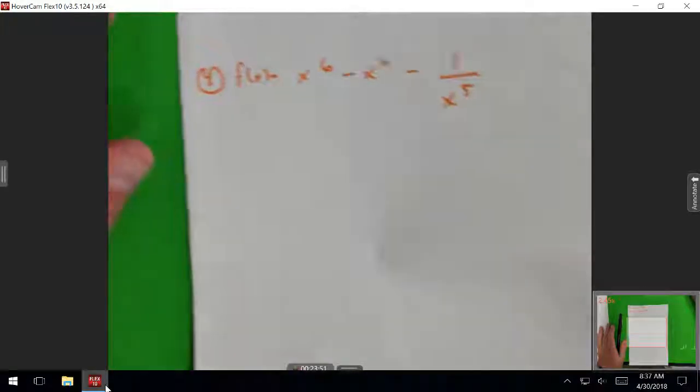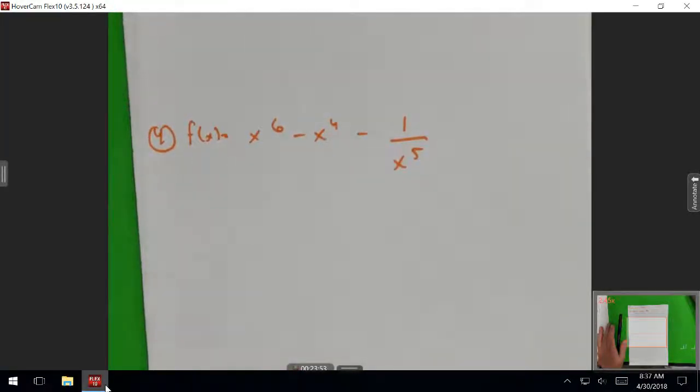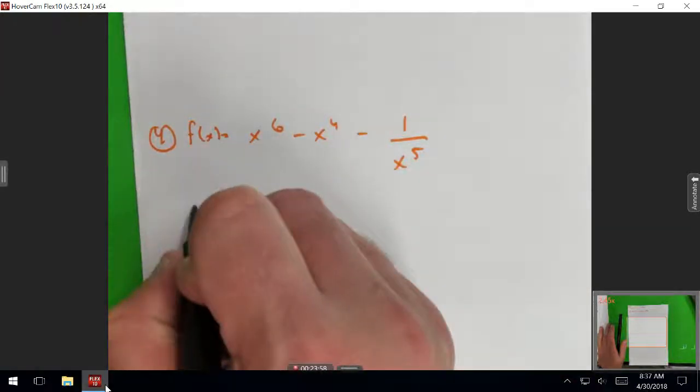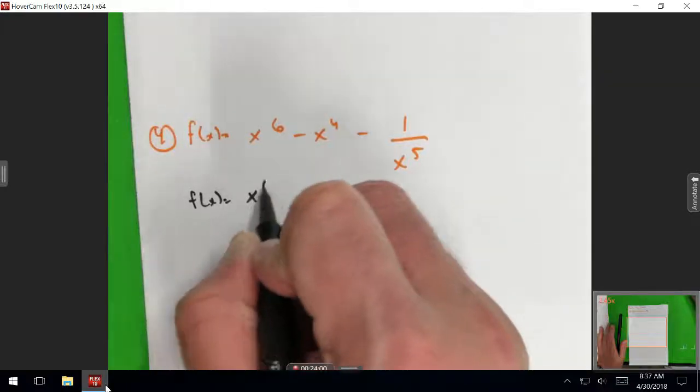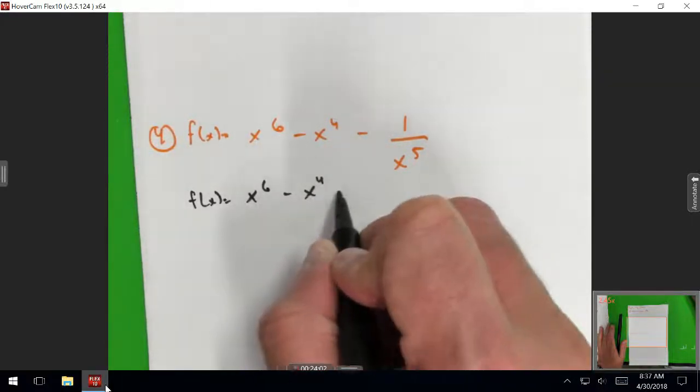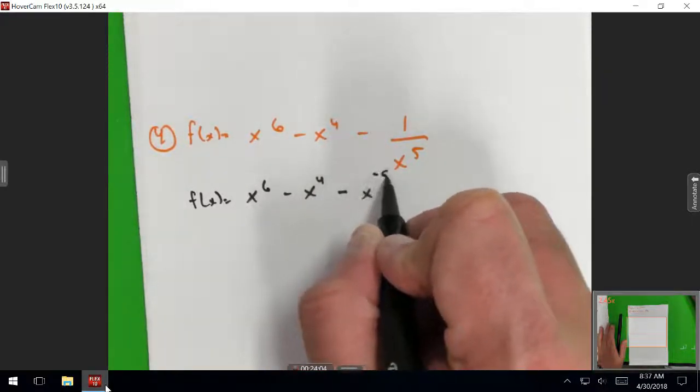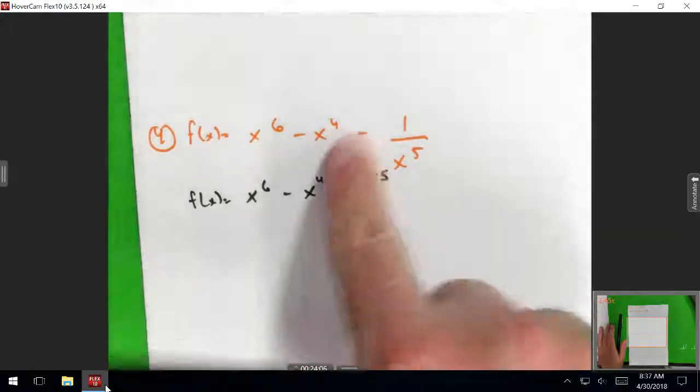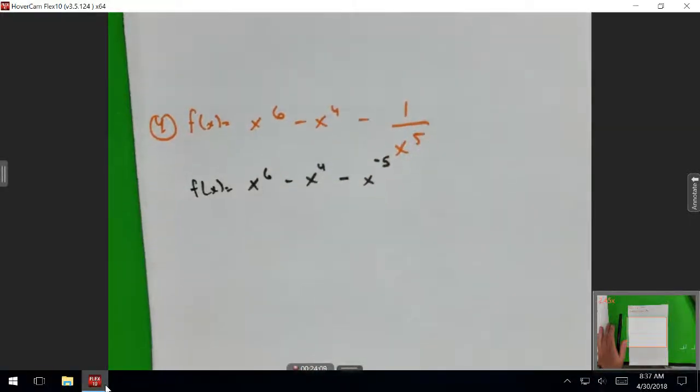Number 4. What's the only thing that should be catching your eye right now that's a trouble area? You need to rewrite that, don't you? Okay. So f of x equals x to the 6th minus x to the 4th minus x to the what? Negative 5. It just changes the sign. It's negative here, changes that.